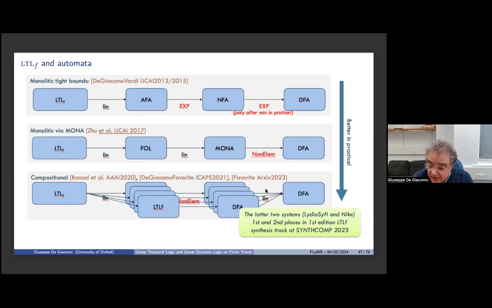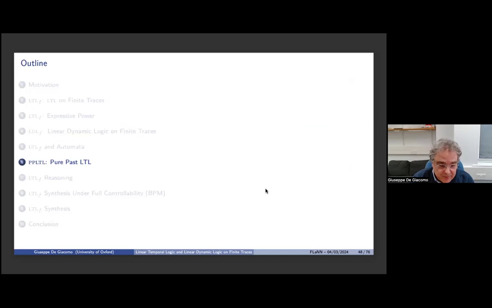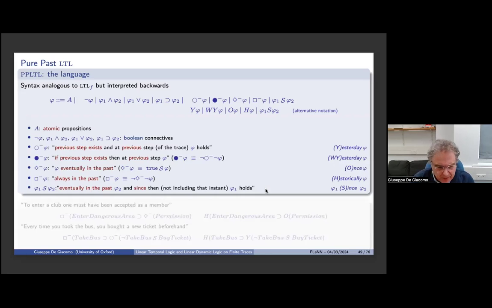So it's pretty interesting that the best tools are not following the computationally optimal procedure from the point of view of computational complexity. By the way, this happens many times.